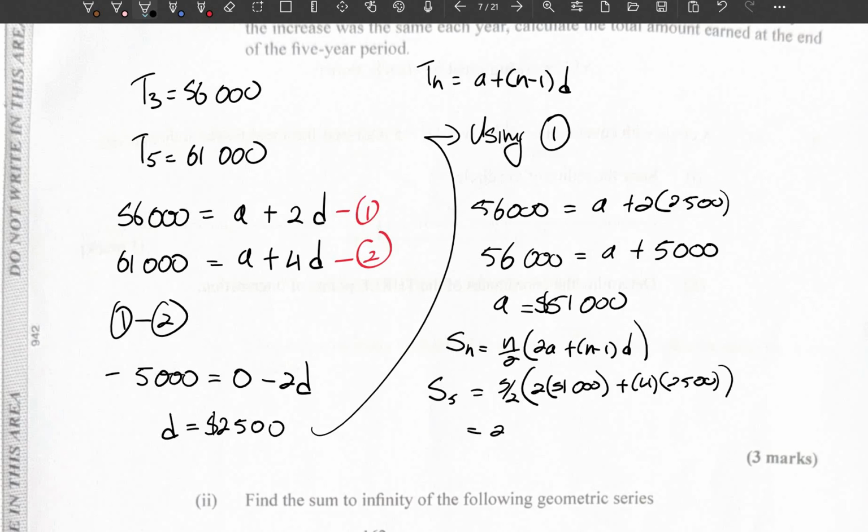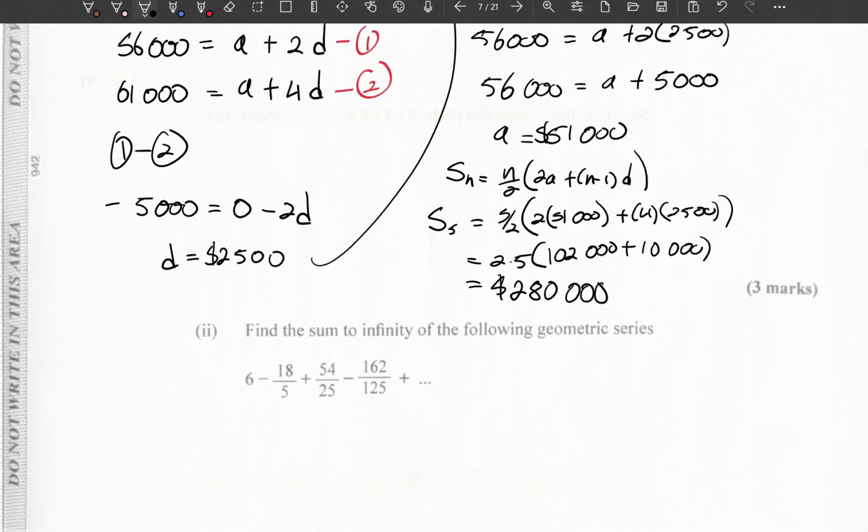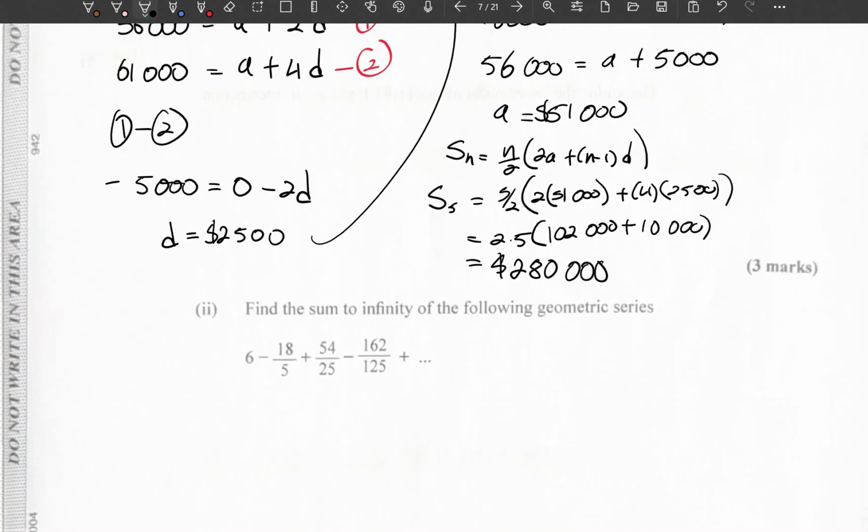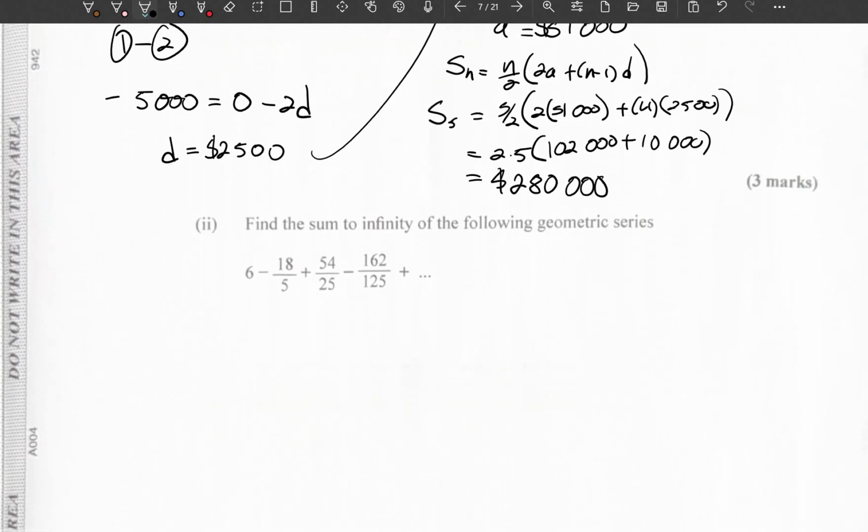Right, so we're going to have 5 over 2 into 102,000, 51,000 by 2, plus that's 10,000. Right, so I'm going to use the calculator and let's see what this gives. And I got $280,000.